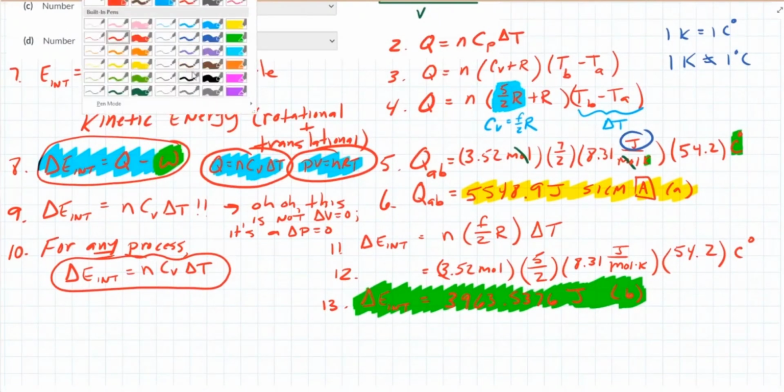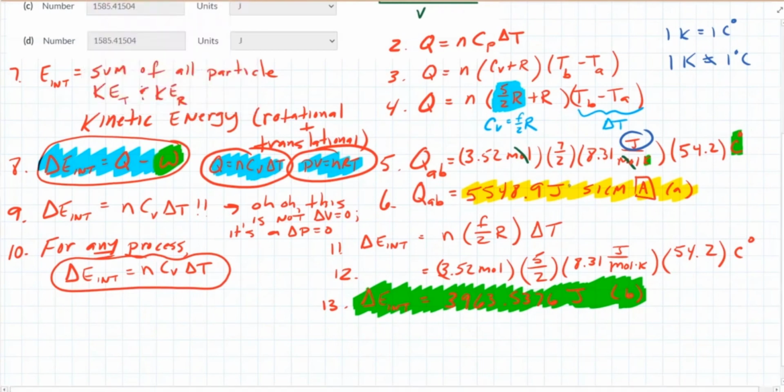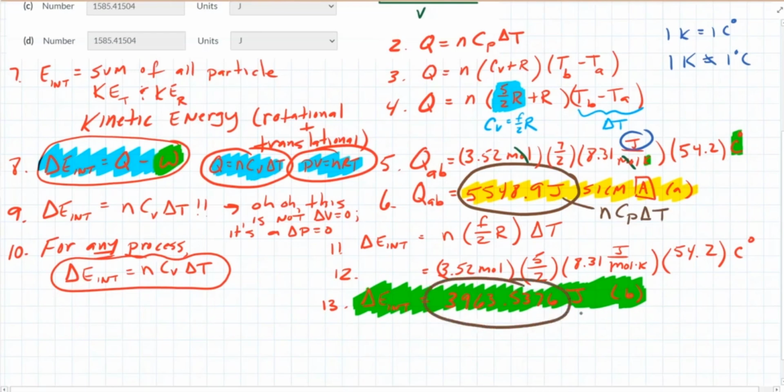This is what you get for, this was NCP delta T. So this result was brought to you by NCP delta T. This result was brought to you by NCV delta T. And this is a great chance to drive this point home.